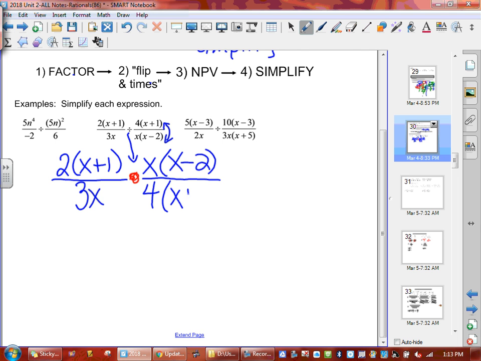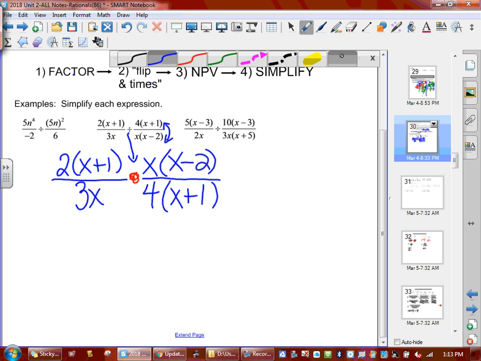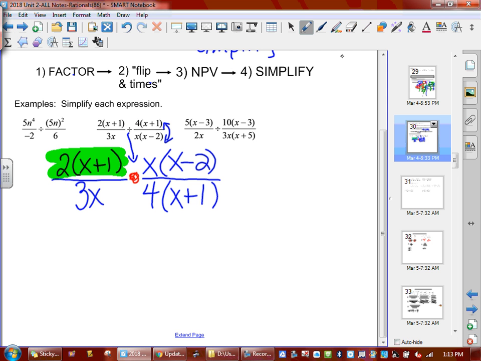Now we're going to do non-permissibles. So the only one we do not do non-permissibles from are the top left. Everybody else we do a non-permissible because the guy on the right was originally flipped. So bottom left, what is x not able to be on the bottom left? 0. Top right, 0 and 2.